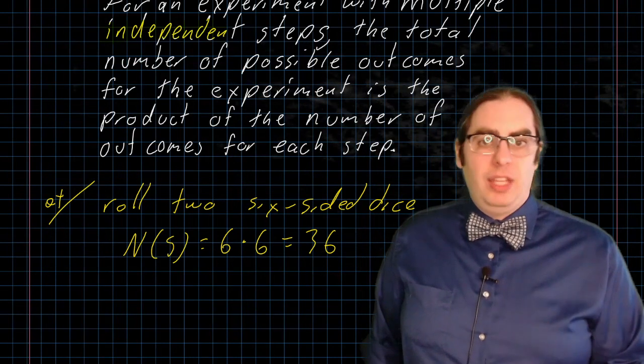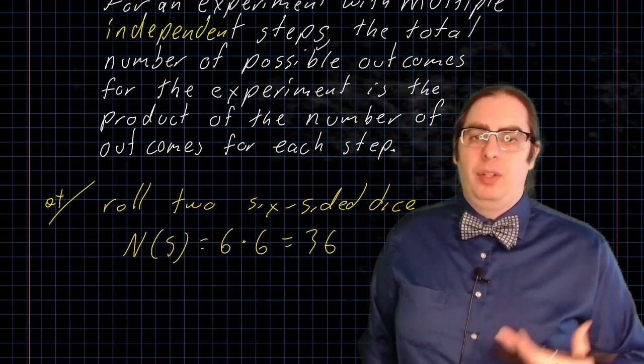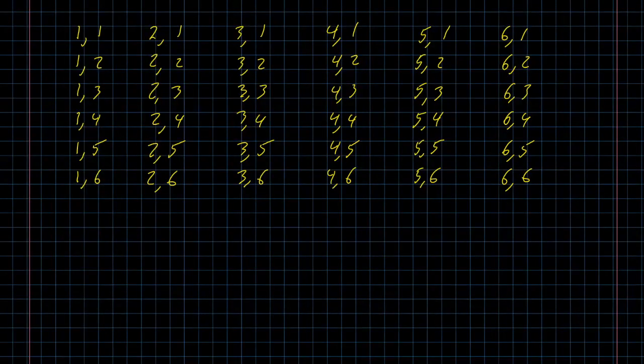And you can think about that, you can list them out. In each of these outcomes, interpret the first number as the result on the white die and the second number as the result on the red die. We can have them both come out as 1.